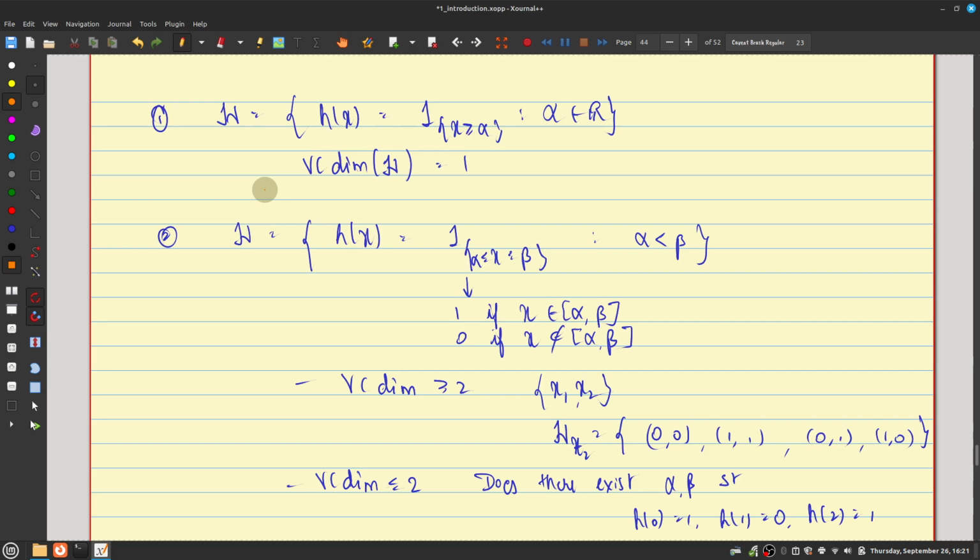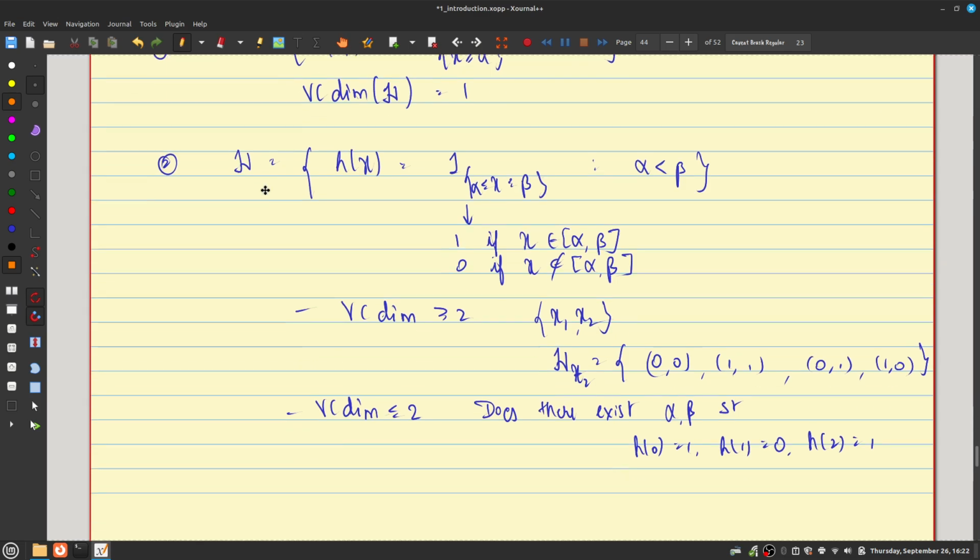You take any 2 points, it's impossible to generate all possible combinations, because if let us say x1 is less than x2, then you can't have x1 to be equal to 1 and then x2 to be equal to 0. Right?